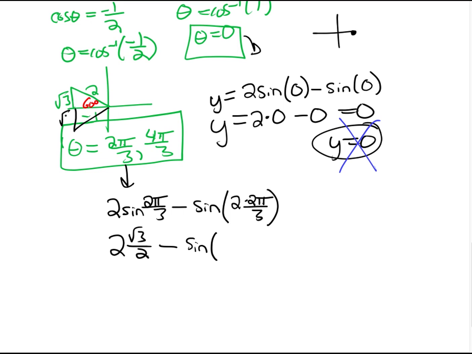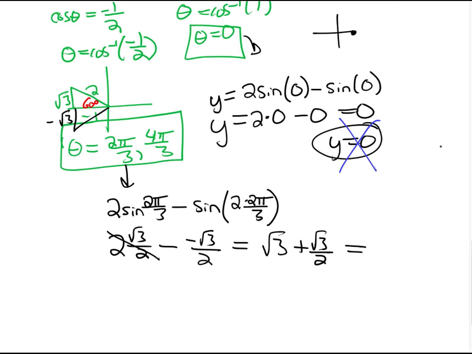So that's going to have this guy being negative square root of 3 over 2, right? So simplify, this cancels, get square root of 3 plus square root of 3 over 2.